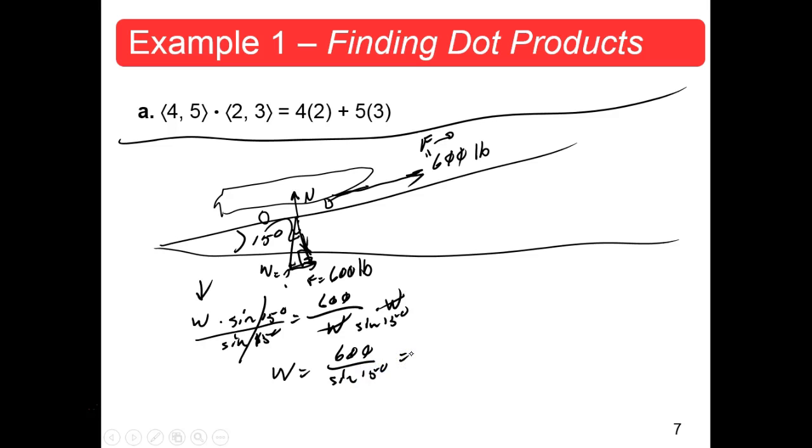Okay, be sure you're in what mode? Degree mode. Do the math. Okay, let's just leave it there, pounds.